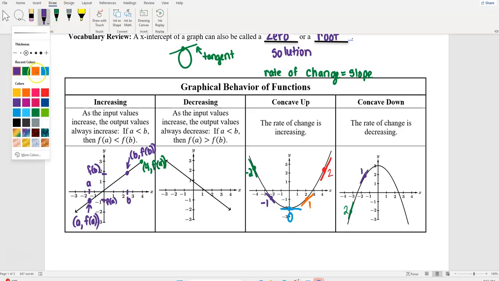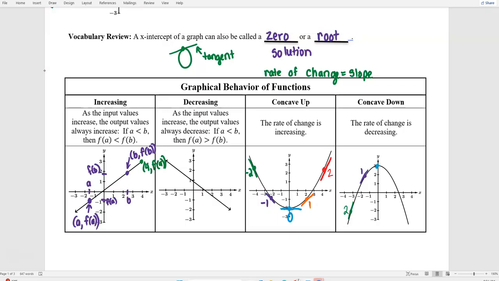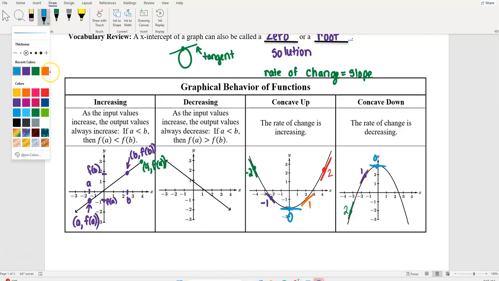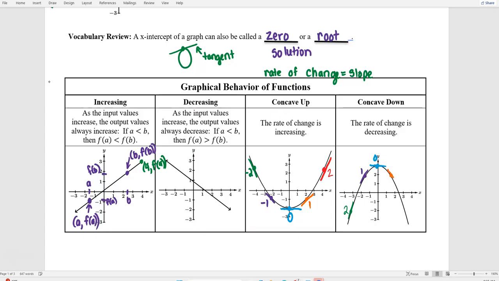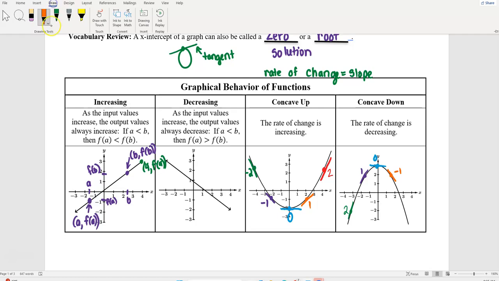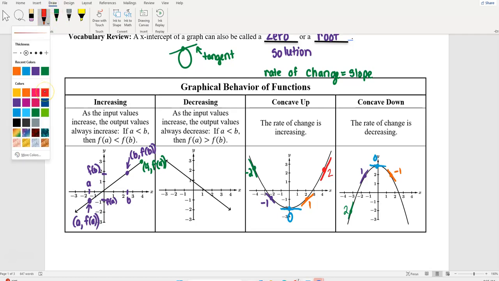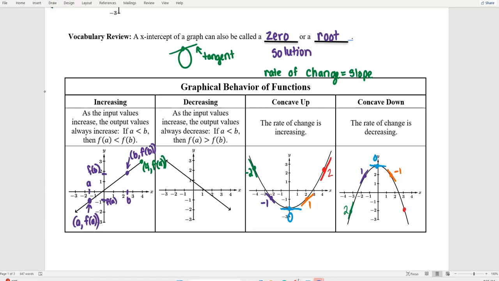And then at that maximum point, we'll get 0. Then at this next point right here, we've got a negative slope, so maybe about -1. And right here, we get an estimate of -2.